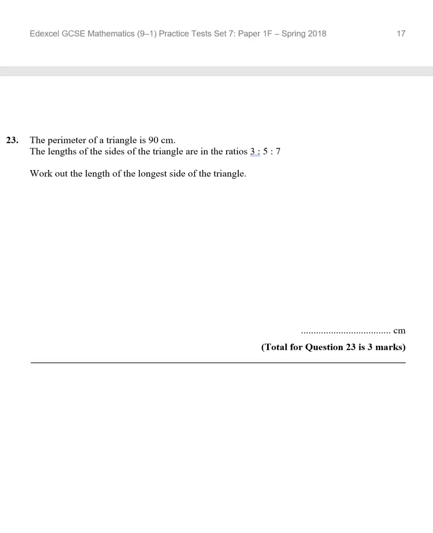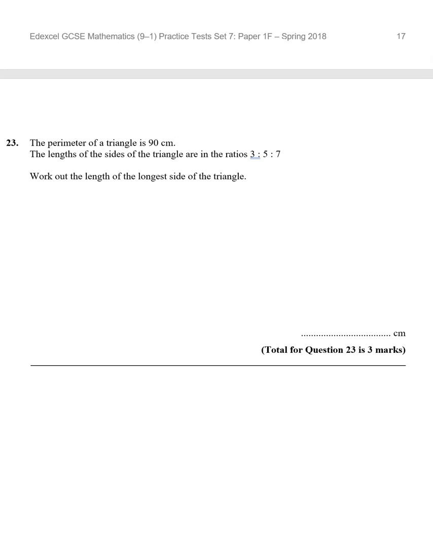Right, next question. The perimeter of a triangle is 90 centimetres. The length of the sides are 3 to 5 to 7. Work out the length of the longest side. Okay, so again, it's another sharing in a ratio. Add these together, which gives us 15. So we need to do 90 divided by 15.